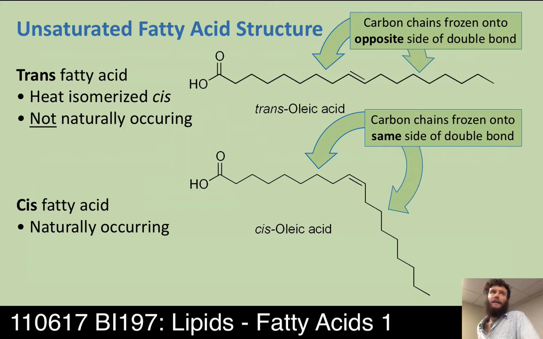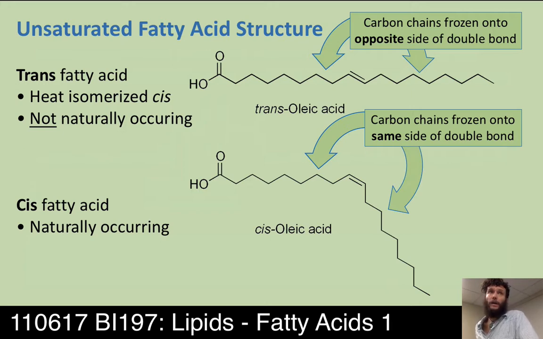A trans fat is a normal, healthy, cis fatty acid that has somehow, by some human interference, become a trans fatty acid. And this can happen through a number of means. It can happen probably most easily by heating some particularly unstable cis fatty acids, and isomerizing them to a trans fatty acid.